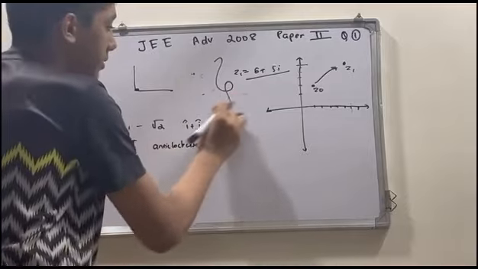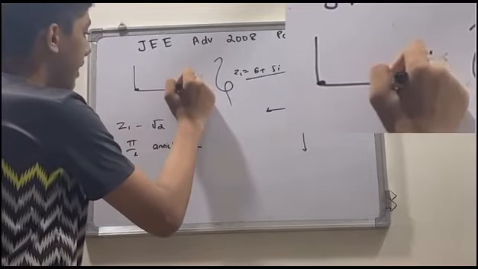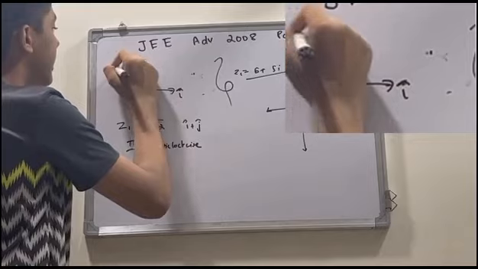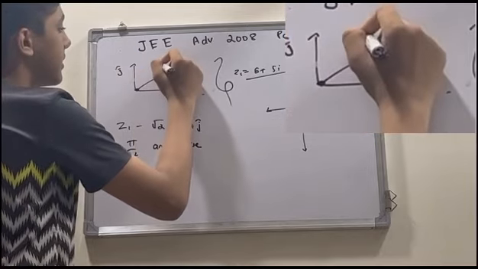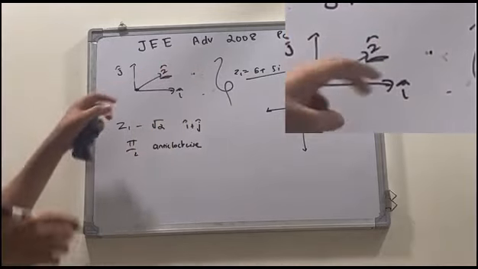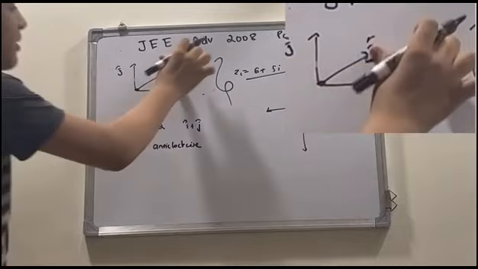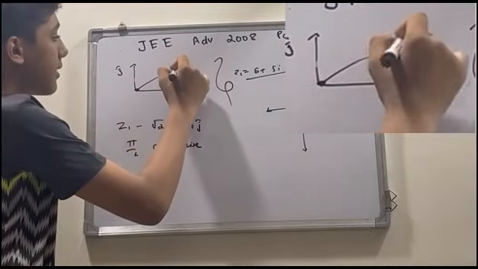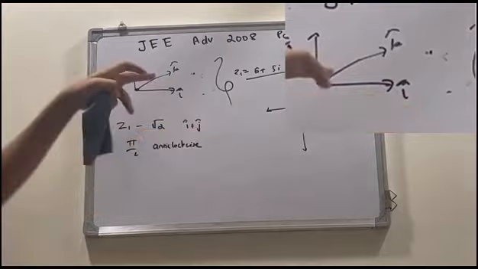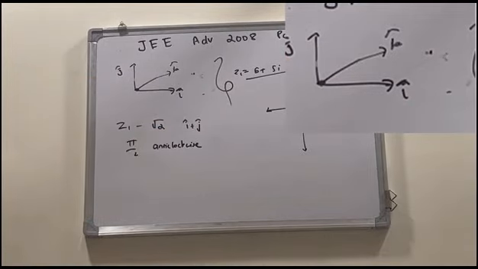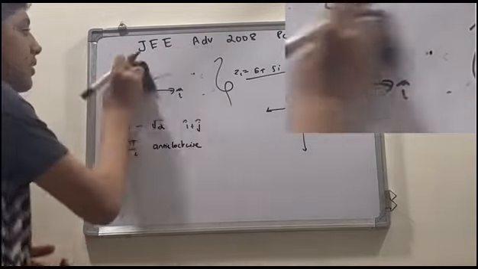I'll just draw it here and let you all know. My i cap is going to be like this, my j cap is going to be like this. And this is k cap, sorry, which is not in this question, it represents the z-axis. It's extra knowledge really.